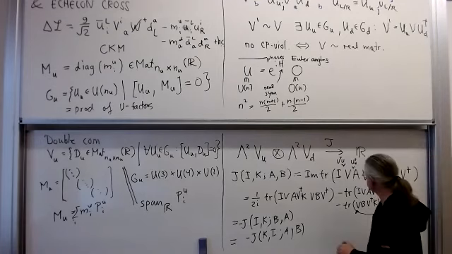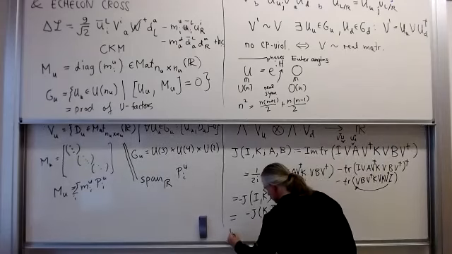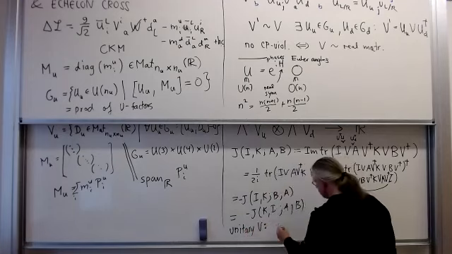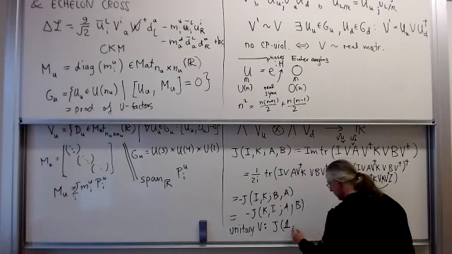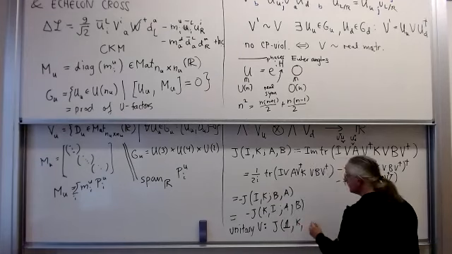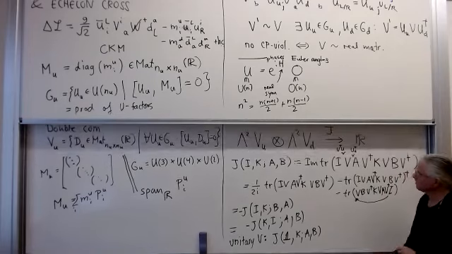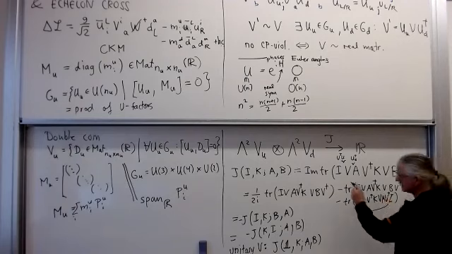So the point is basically that in the unitary case, if we take one of the entries to be a unit matrix, then you can prove that this actually vanishes.